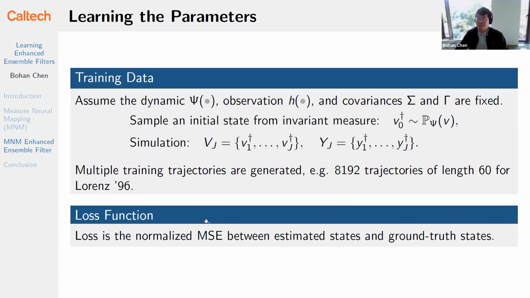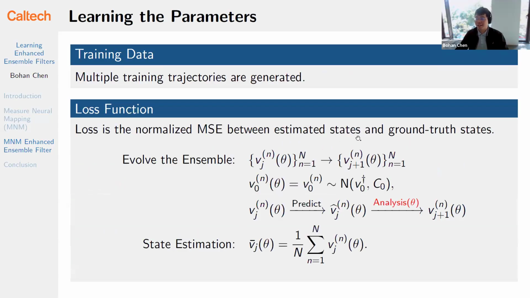And the loss is the normalized mean square error between the estimated states and the ground truth states. The way we calculate loss is that first, we have an initial ensemble based on the initial distribution. We assume we know that. We sample the initial ensemble, and then we run the forward model to get a predicted ensemble and run an analysis map to get an analysis ensemble.